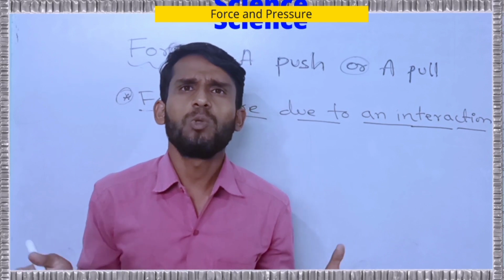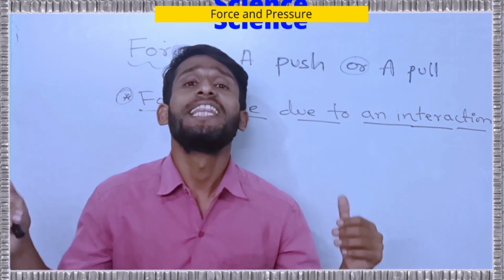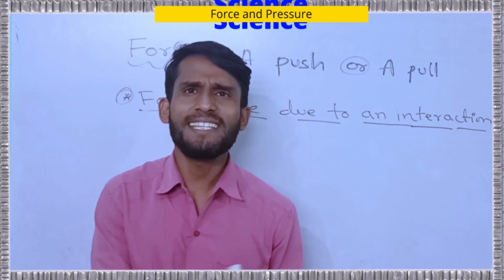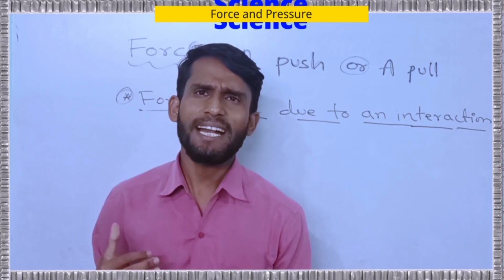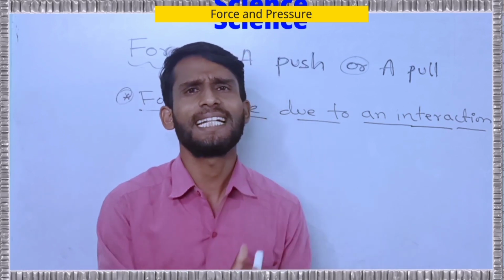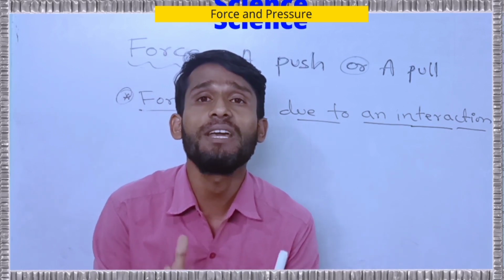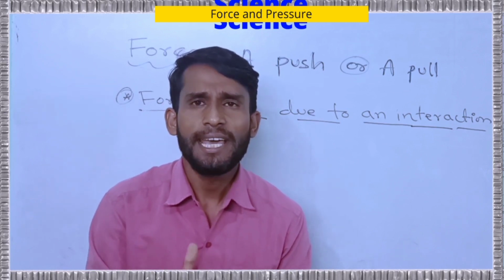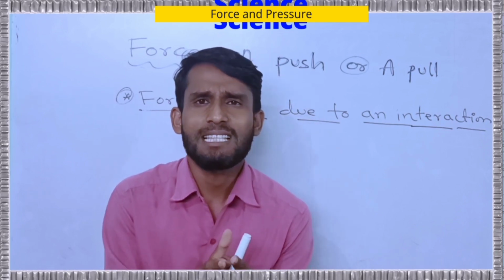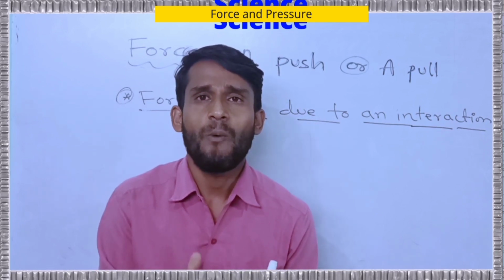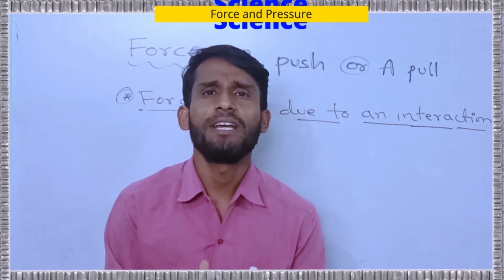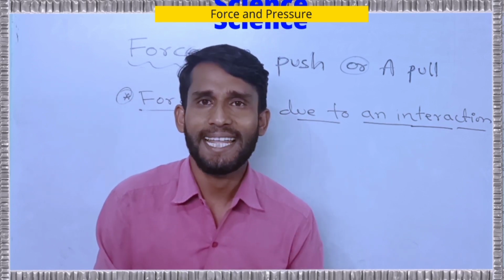Dear students, what do these examples suggest about the nature of forces? In the first activity we observe this point: when forces are applied on an object in the same direction, they add to one another, and that heavy box moves very easily. When one student pushes the table, it does not move very easily. When two students push the table, it moves very easily from one place to another.